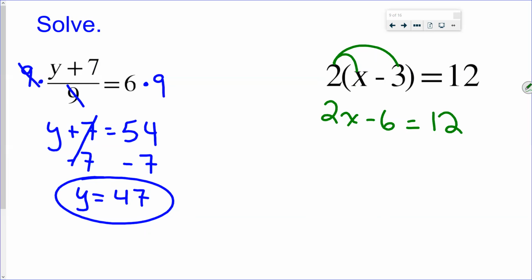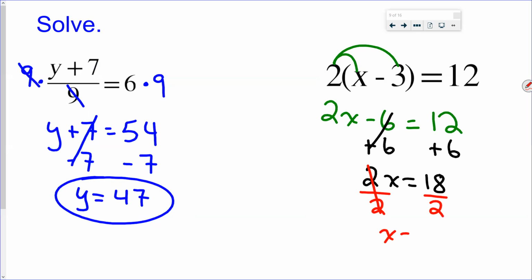That distributive property is coming back. Now we have a simple two-step equation. Let's add 6, 2x equals 18, divide by 2, x equals 9. Okay, that's one way you could solve this.